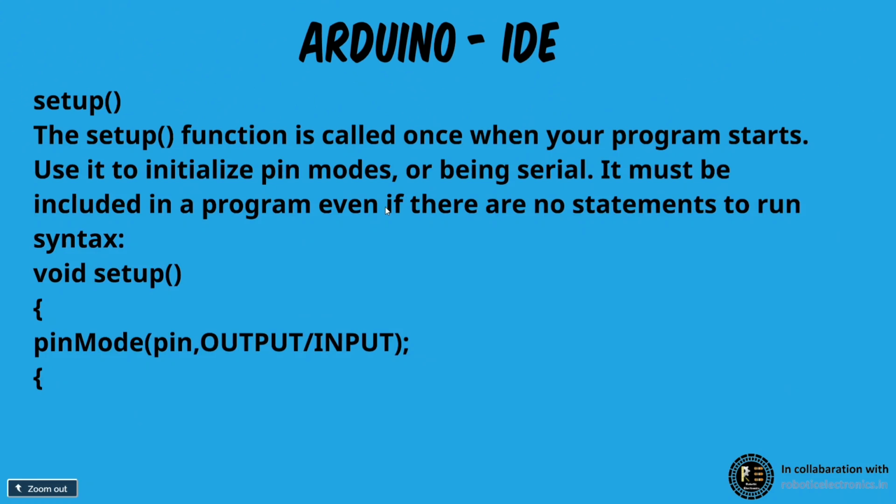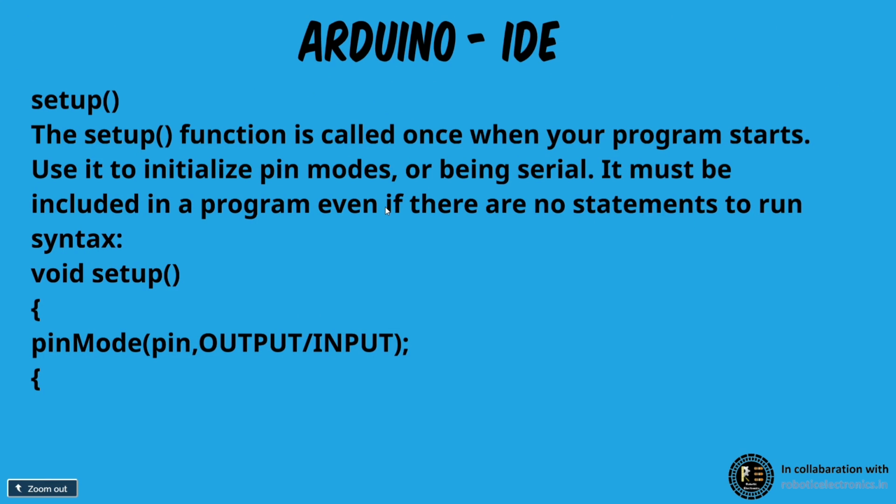Now we'll move on to the setup function. The setup function is called once when your program starts. Usually, it is used to initialize pin modes or begin serial. It must be included in a program even if there are no statements to run. This is the syntax of the setup function: void setup, pinMode, pin name, comma, output or input, semicolon.